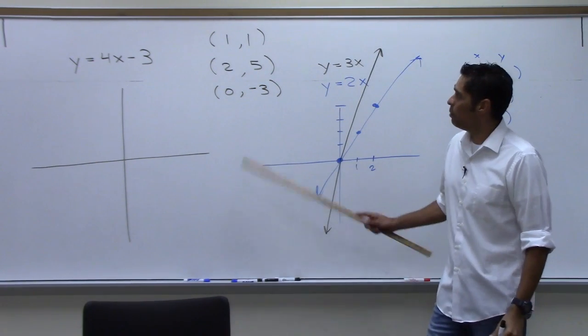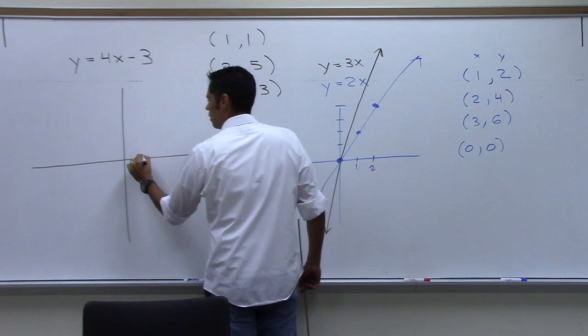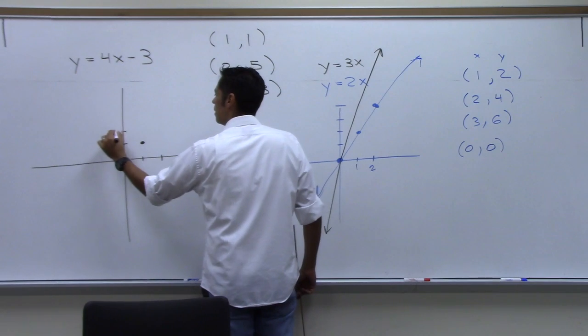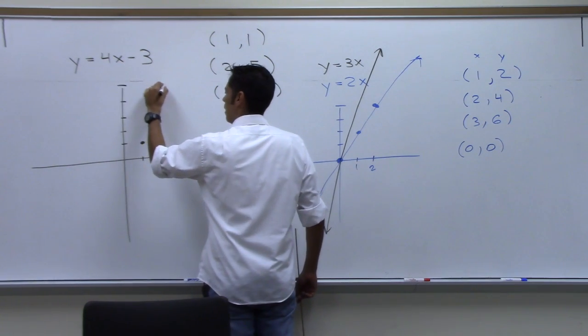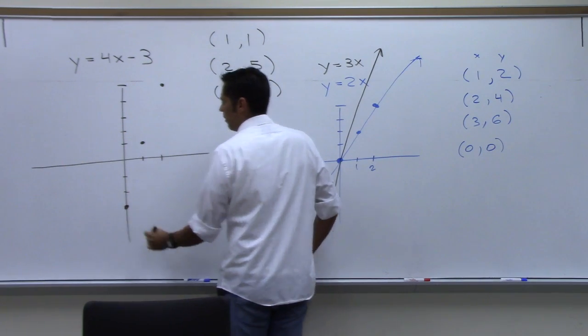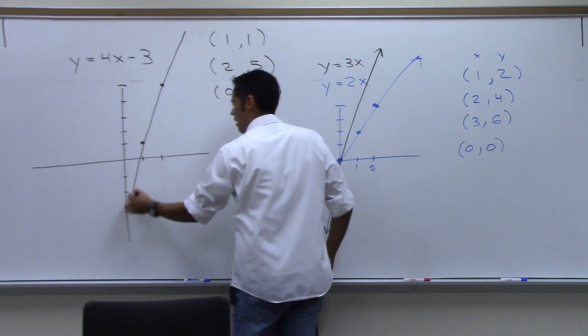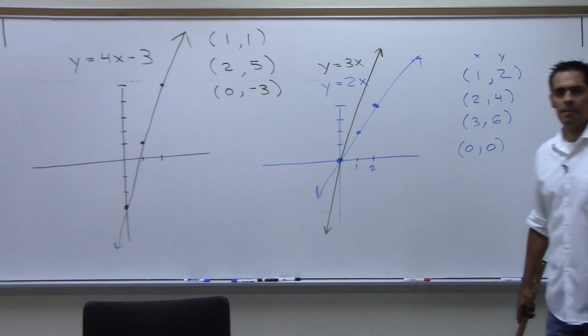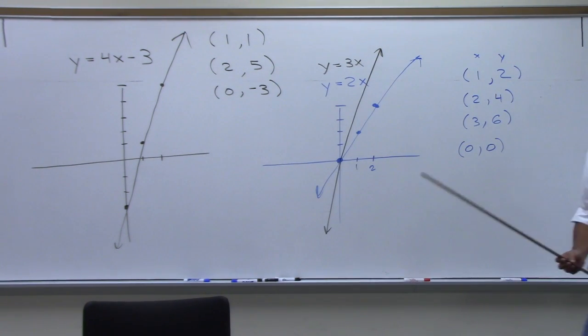So if I were to actually plot these, 1, 1 would be roughly somewhere here, 2, 5 would be somewhere over here, and then 0, negative 3 would be somewhere around there, and draw a straight line, and that's it right there. Is that okay?